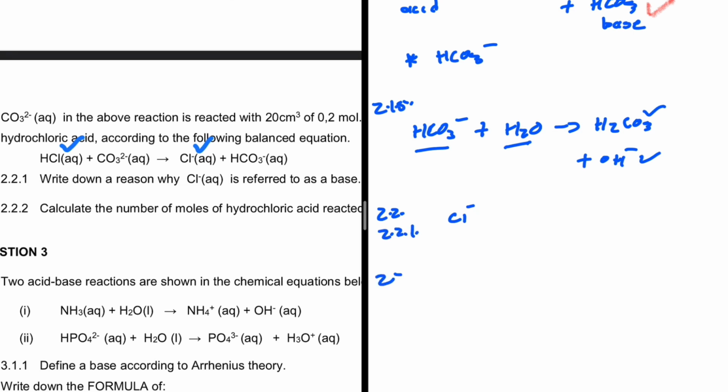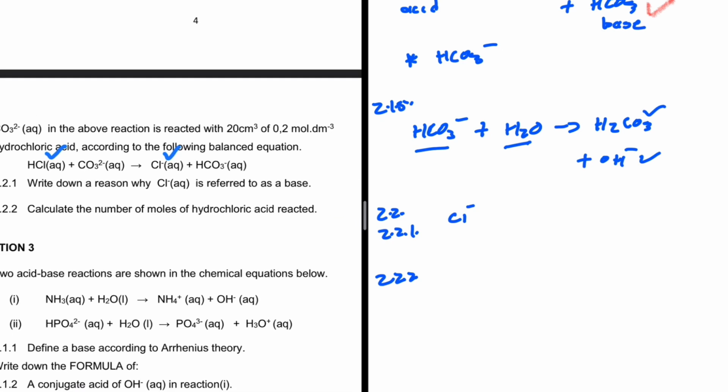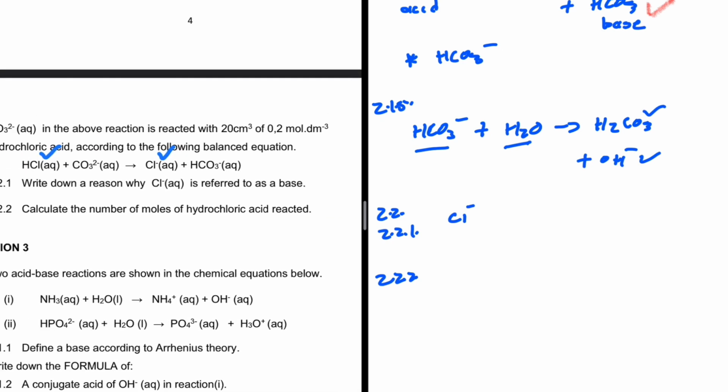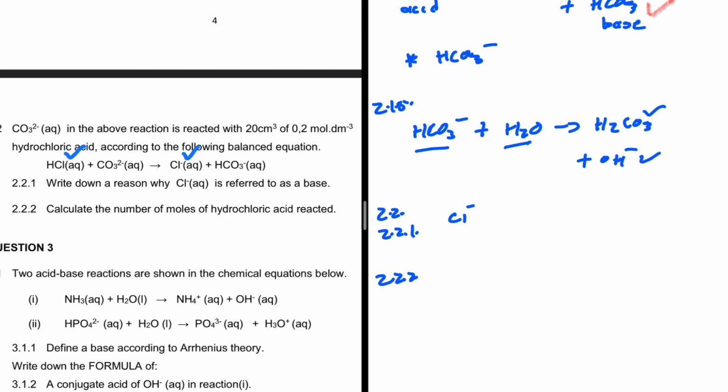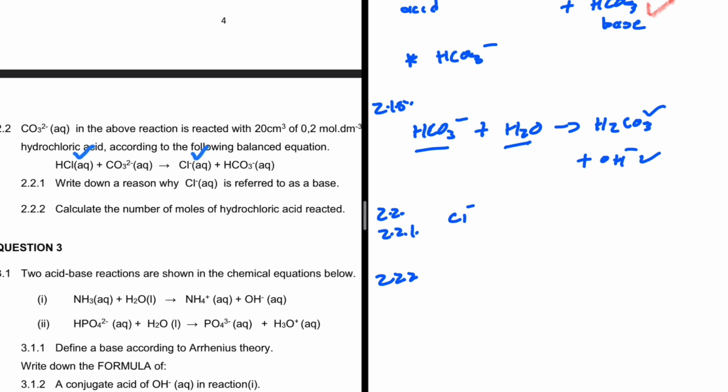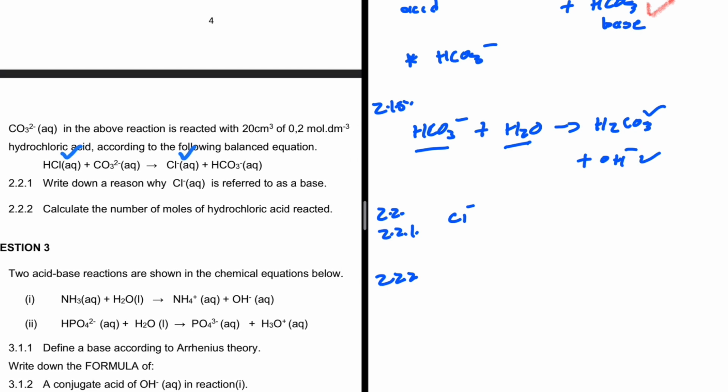Okay, that is 2.2.1. Then 2.2.2, calculate the number of moles of hydrochloric acid reacted. That is for 3 marks. Let's take a look and see what is happening here. CO3 to the 2 minus is reacted with 20 centimeter cube of 0.2 mole per decimeter cube of hydrochloric acid. So we have the volume, we have the concentration, we are looking for the number of moles.